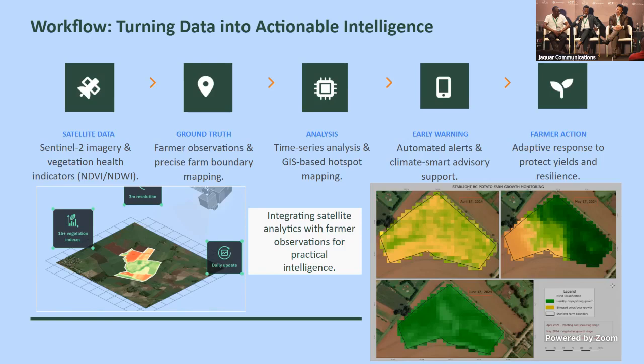So this is whereby we were monitoring the crops from before planting, during the first weeks of the planting, the growing stage, to the flowering, all the way to harvesting. So this is how we monitored the crops using the technologies that I believe you're aware of, the NDVI, the NDWI, the water index, and vegetation index.